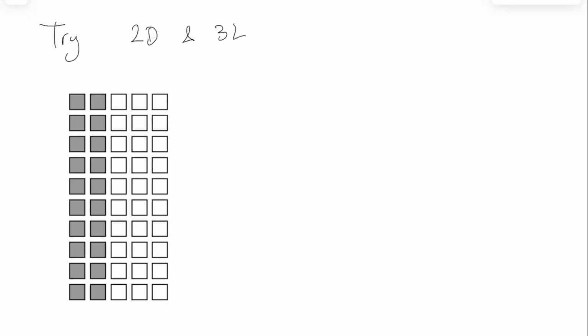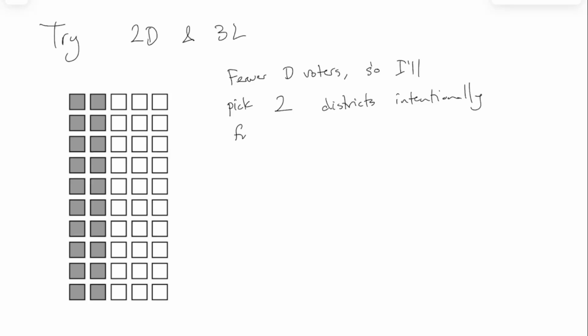So there are fewer D voters. So I'm going to pick 2 districts that are intentionally full of D voters, just to make sure they can really get 2, right? And then hopefully the L's will just win all the other ones.